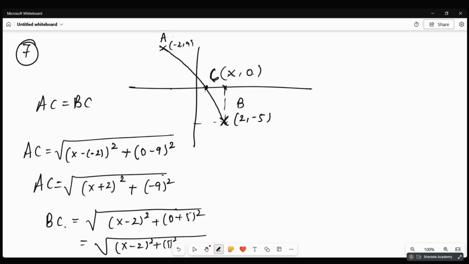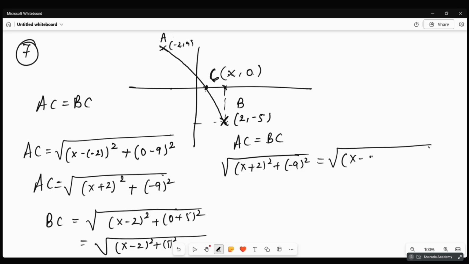So AC is equal to BC, right? So I can write AC is equal to BC. That is root of x plus 2 whole square plus minus 9 whole square is equal to root of x minus 2 whole square plus 5 square.